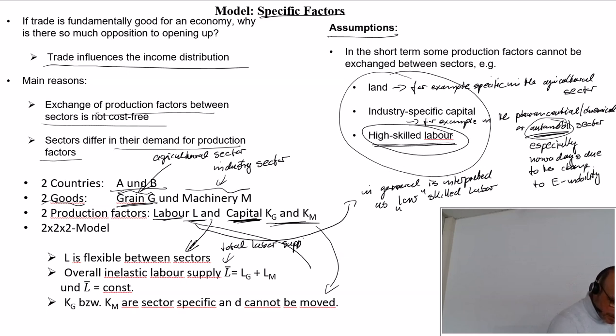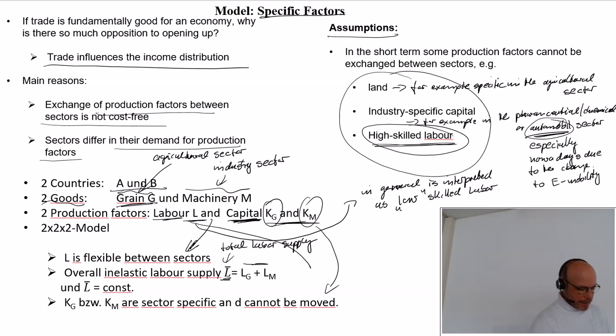And this is now due to the production function divided into the two sectors, and the sum, since it's totally flexible, has to equal the total amount of labor, while capital, think of a tractor, think of land or a specific machinery in the industry sector, is just fixed in one sector. You can use it or you cannot use it.